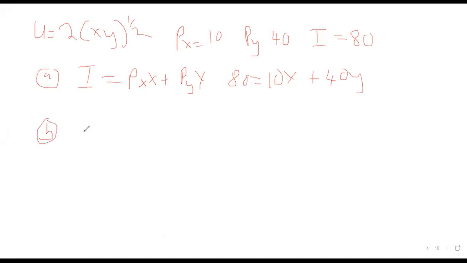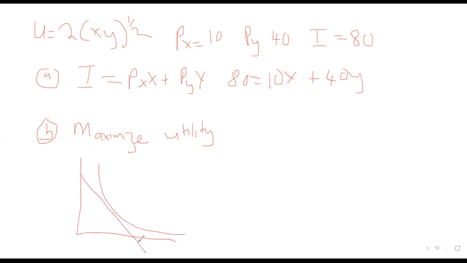Part B, you can use the Lagrangian multiplier or the optimum bundle to maximize utility. So you'll be asked to maximize what? Utility. Now this is where 15 marks come from. Remember, when I was trying to show you the indifference curve, the optimum bundle happens at a point where our utility function and our budget line meet.